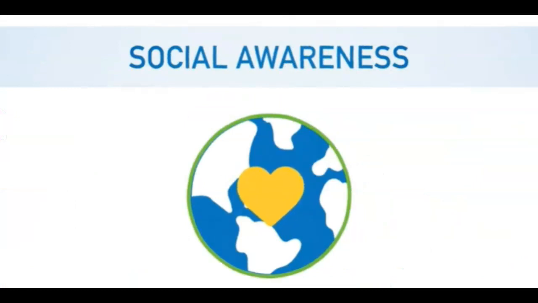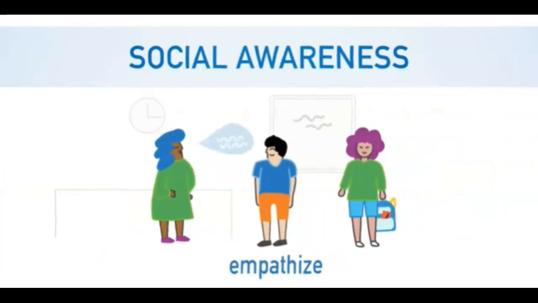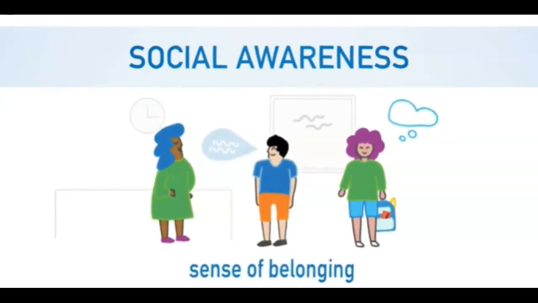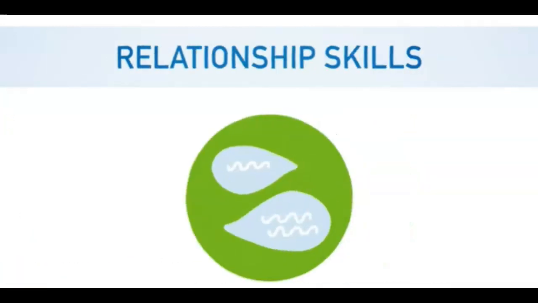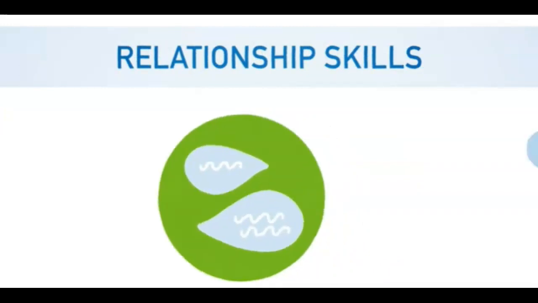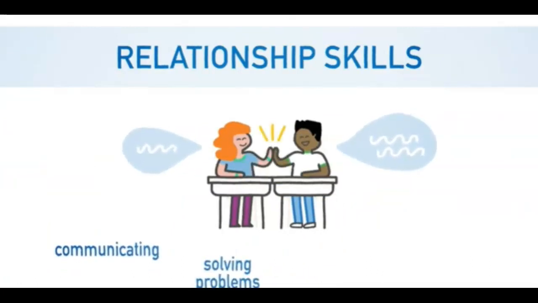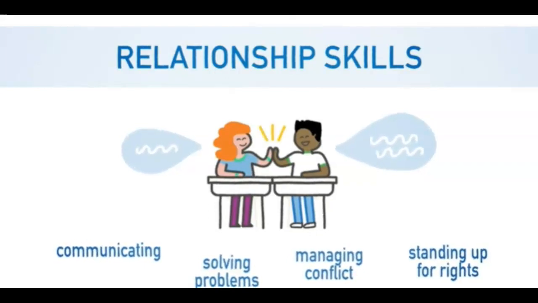Social awareness is how we understand others, how we learn to take different perspectives and empathize even with people who are different from us. It also includes understanding how the broader norms and systems around us influence how we develop and create a sense of belonging. Relationship skills are how we connect and engage effectively with others, and how we form lasting friendships and connections. This includes communicating clearly, solving problems together, managing conflict and disagreements, and standing up for ourselves and the rights of others.